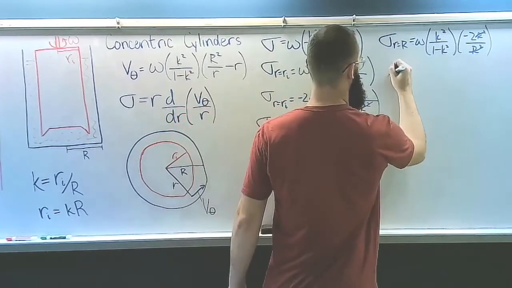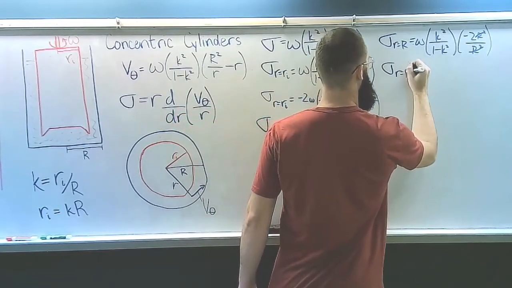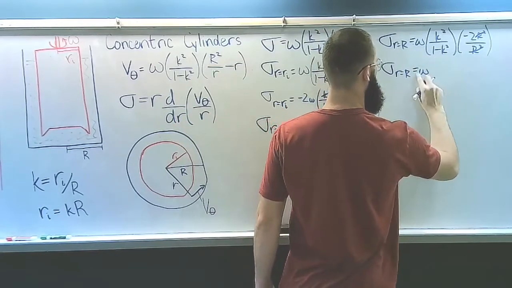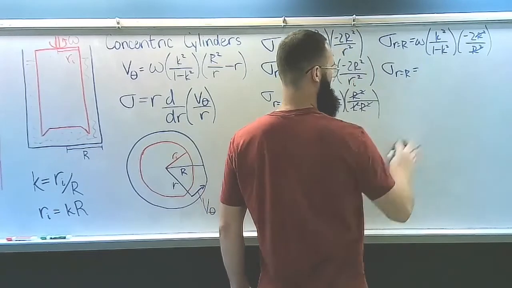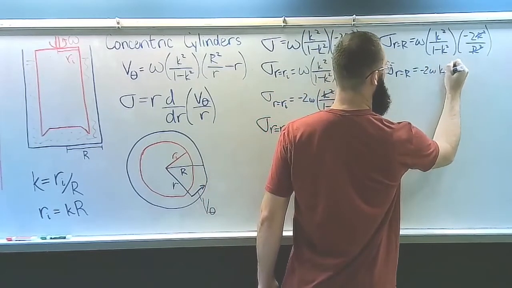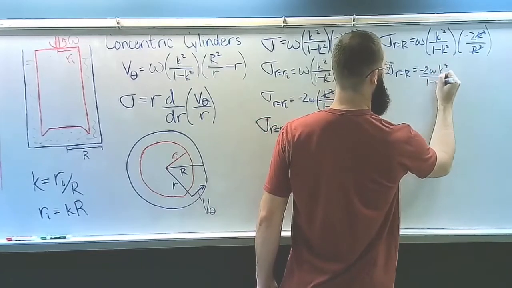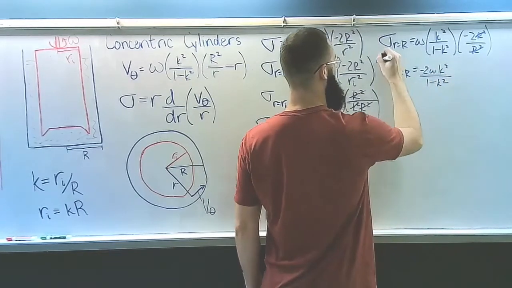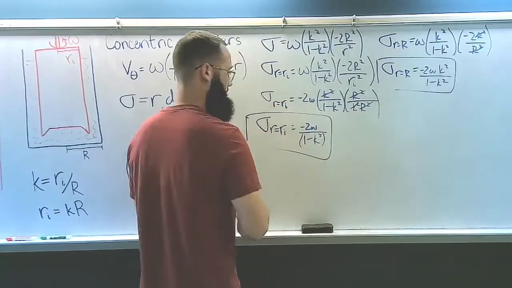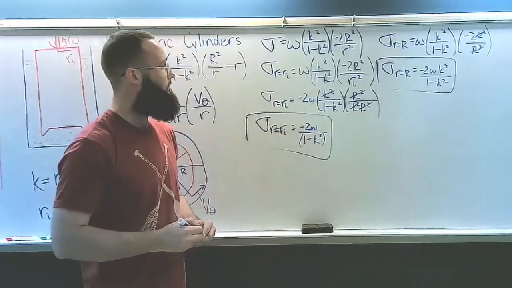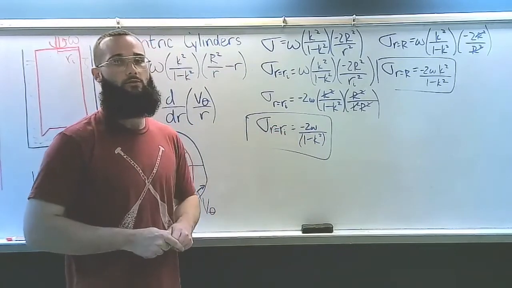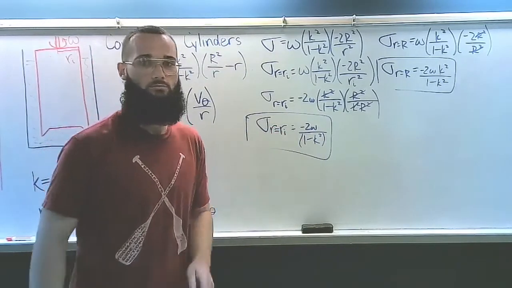And so this just leaves us with the shear rate at the outer radius is equal to negative 2 omega k squared all over 1 minus k squared. So now we've developed equations for the shear rate at the inner and outer radius. We can use that to find the torque at the inner and outer radius.